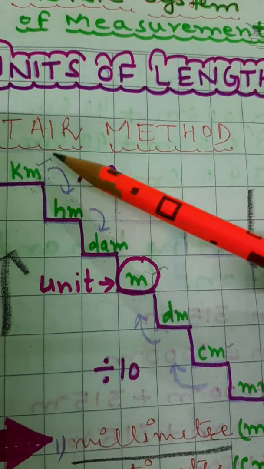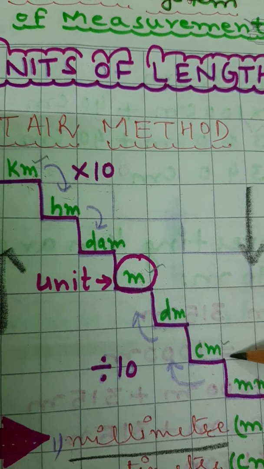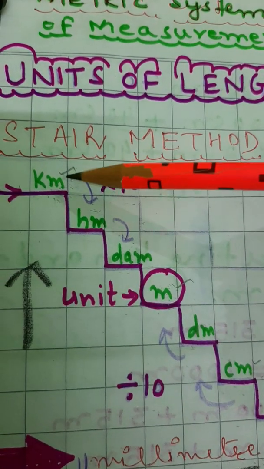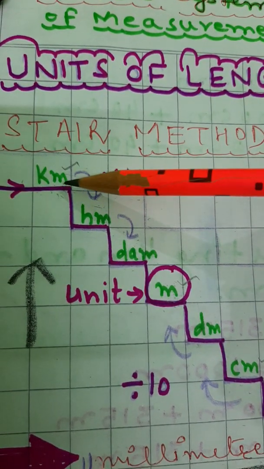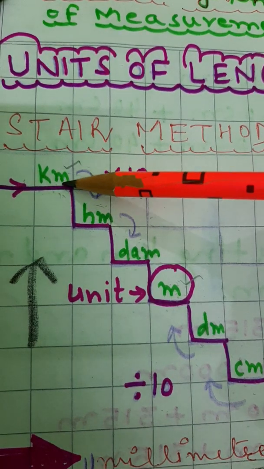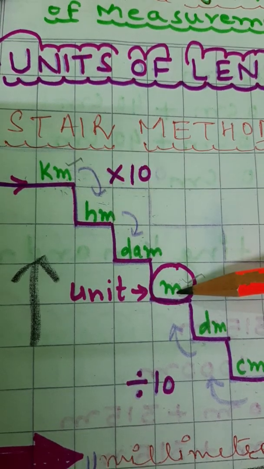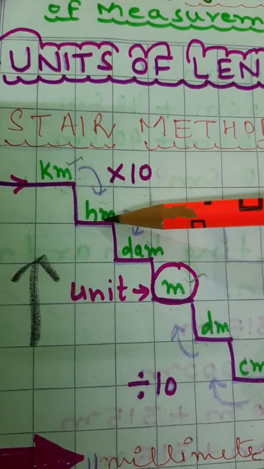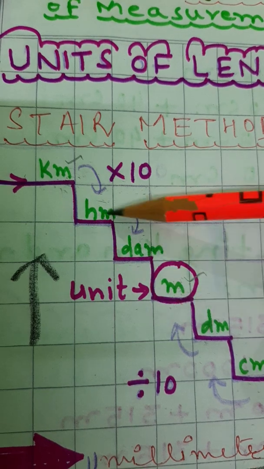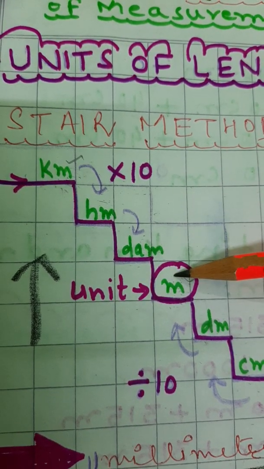In your syllabus, we will only do the questions related to kilometer, meter and centimeter. So let us understand that. If I want to convert kilometer to meter, that means a bigger unit to the smaller unit, then I have to move 1, 2 and 3 steps down, meaning 10, 10 and 10, which is 1000.